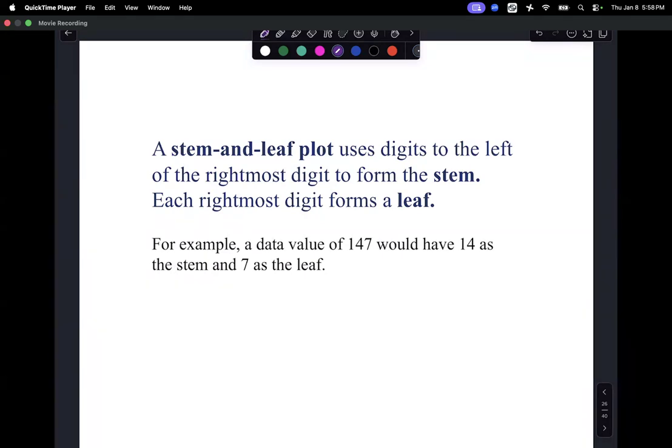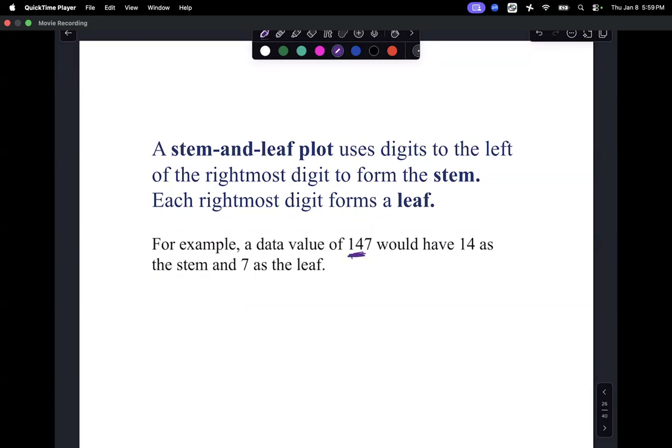The way that a stem and leaf plot is set up is that we will have what's called the stem on the left side, and it will be all but the last digit of a number. So, for example, if we have the data value 147, the stem would be 14, and then we would have the leaf on the other side.